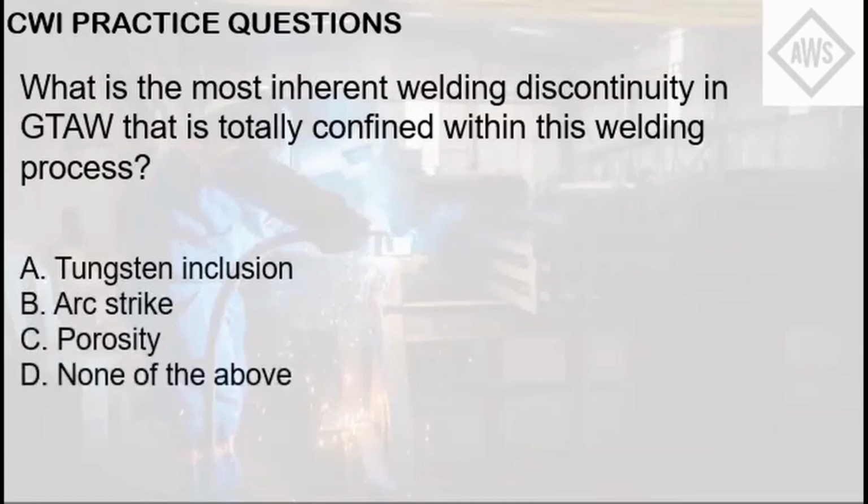So the question being asked here is, what is a welding discontinuity that is totally confined or exclusive to GTAW? So if you are familiar with the process, even if you're not that familiar with the discontinuities or defects that typically come with this process, you will know from the name itself, GTAW, or gas tungsten arc welding, because of the electrode consisting of tungsten.